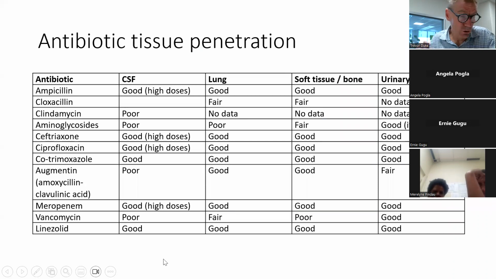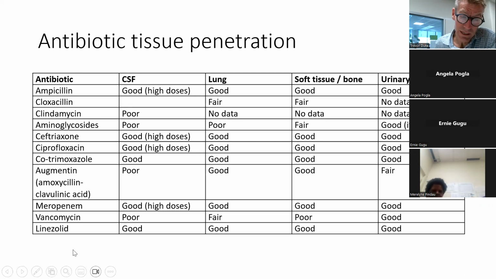I mentioned that sometimes it's useful to consider the tissue penetration of antibiotics, not so much in a standard infection, but when you've got a very severe infection, then it's useful to know that the antibiotic you're using penetrates well into the tissues where the infection is. This doesn't apply to many infections, but it does apply to very difficult to treat infections such as cerebral abscesses or lung abscesses.